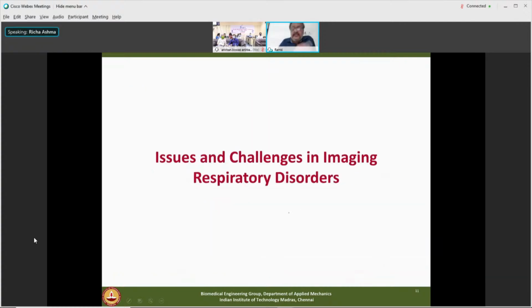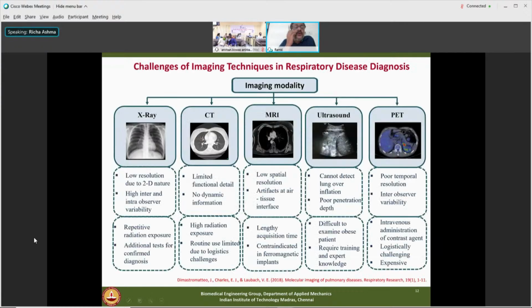So now look at these five. If you look at the issues and challenges currently in using imaging systems for assessing respiratory disorders, as we saw, X-ray, MR, ultrasound, and PET. If you compare all these imaging modalities, many of them are used separately.